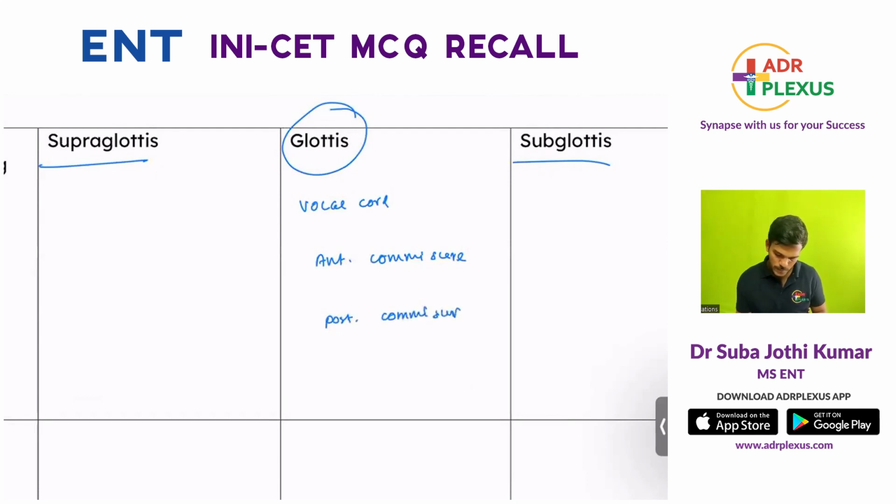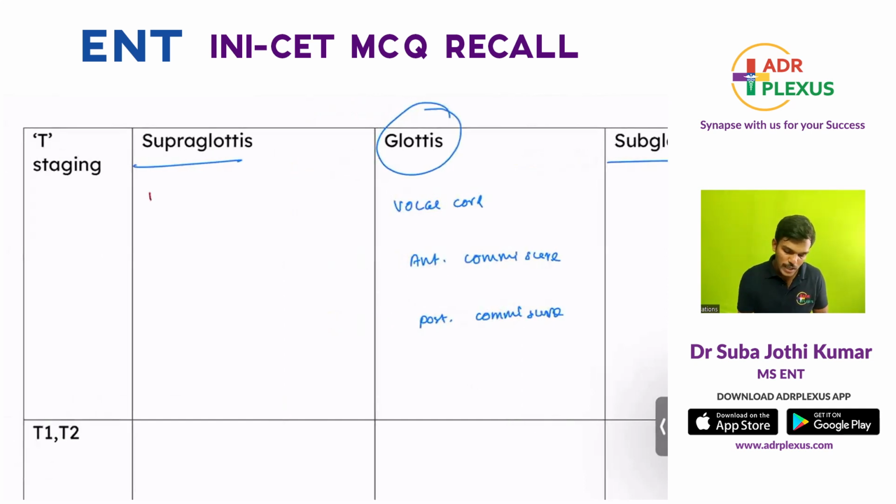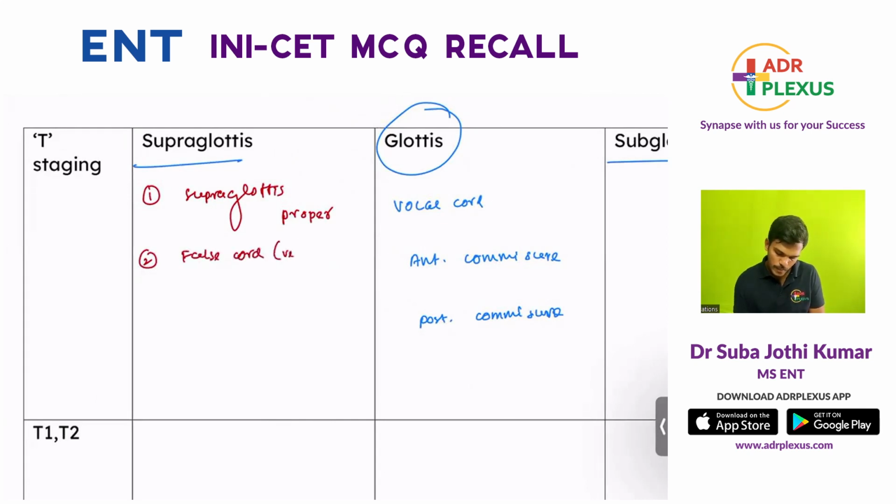Clear? So what is supraglottis? Supraglottis, you should understand the parts. Supraglottis proper, then false cord or vestibular fold, then aryepiglottic fold, AE fold, then laryngeal surface of epiglottis.